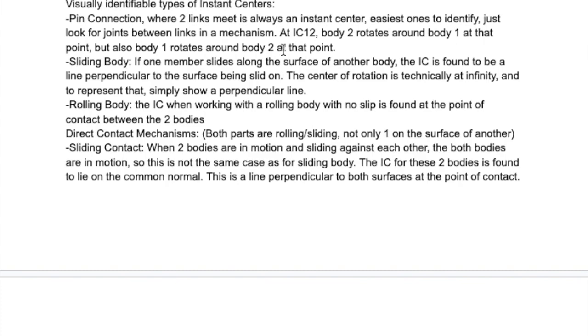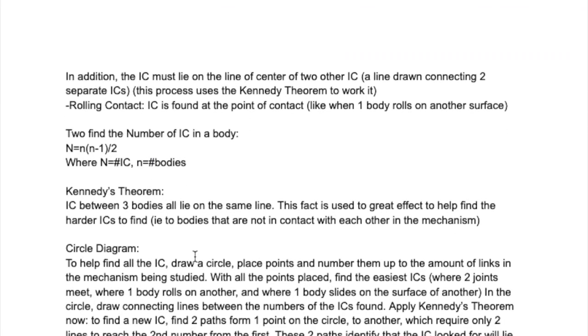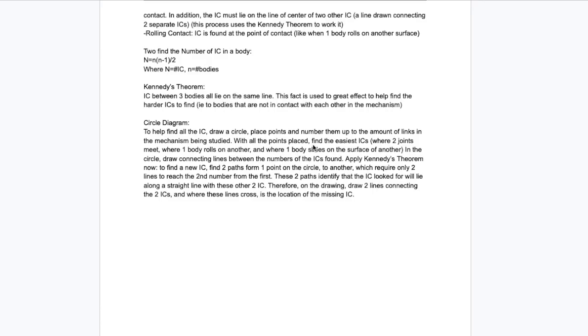So if it's between links 2 and 3, you put a line between numbers 2 and 3 on your circle. Draw lines from number to number for each of the easily identifiable instance centers. Once you've identified all of the clear ones, you have to find the harder ones.